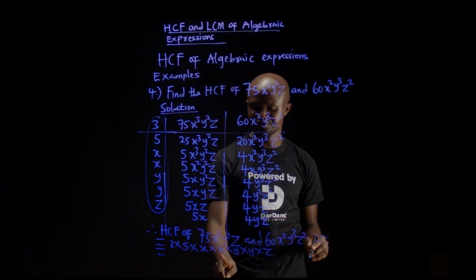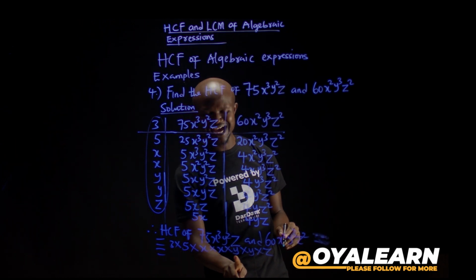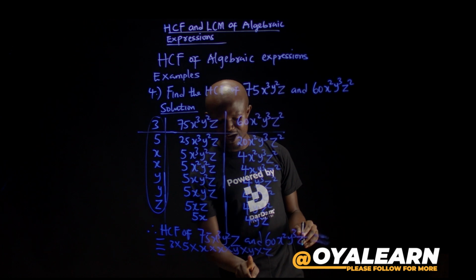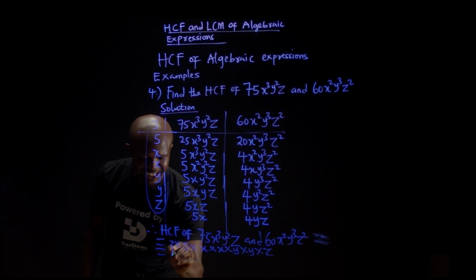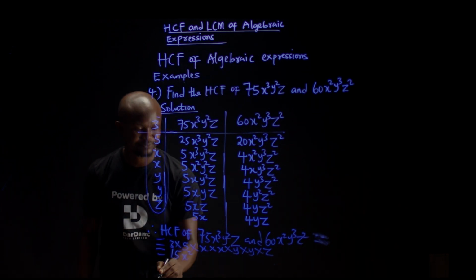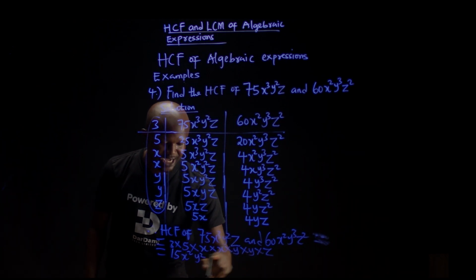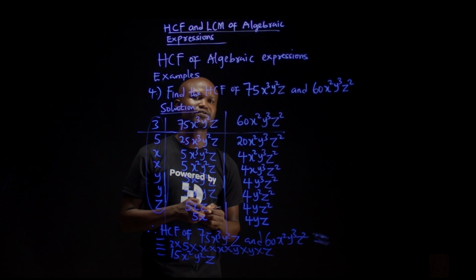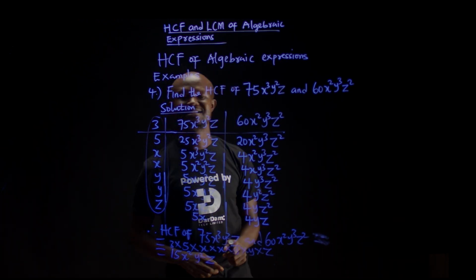Times x, 15x squared. Times y, we have 15x squared y. Times y, 15x squared y squared. Times z, now we have 15x squared y squared z. So it means that the HCF is 15x squared y squared z. That is the solution.